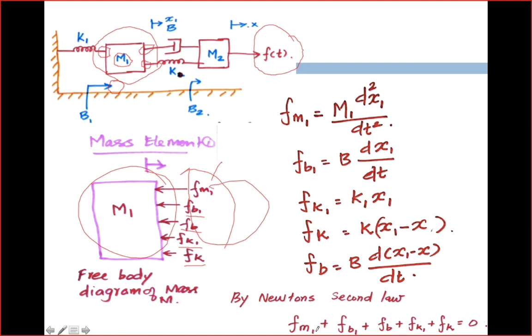That is Fm1 plus Fb1 plus Fb plus Fk1 plus Fk is equal to 0.